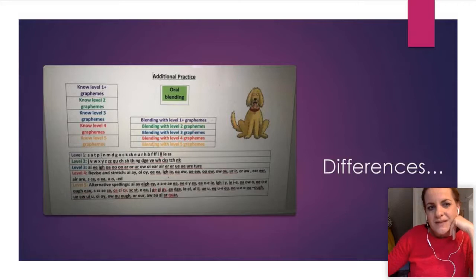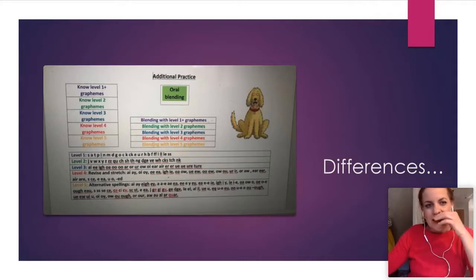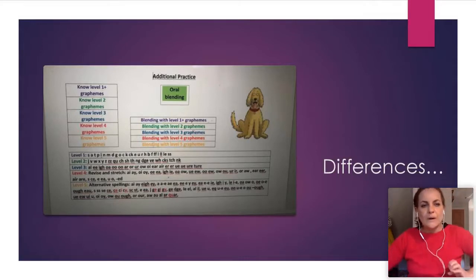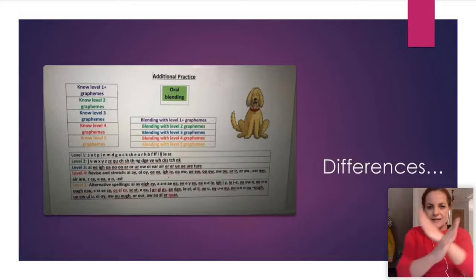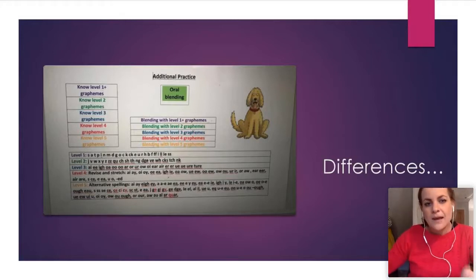So in the first instance, again, it would be to know the graphemes within that level, then at speed, before then blending with them. And the order in which we teach them from left to right goes along the bottom here. But again, there's subtle differences here, because whilst we would know the x sound as the letter x, in her system here, she uses the code.